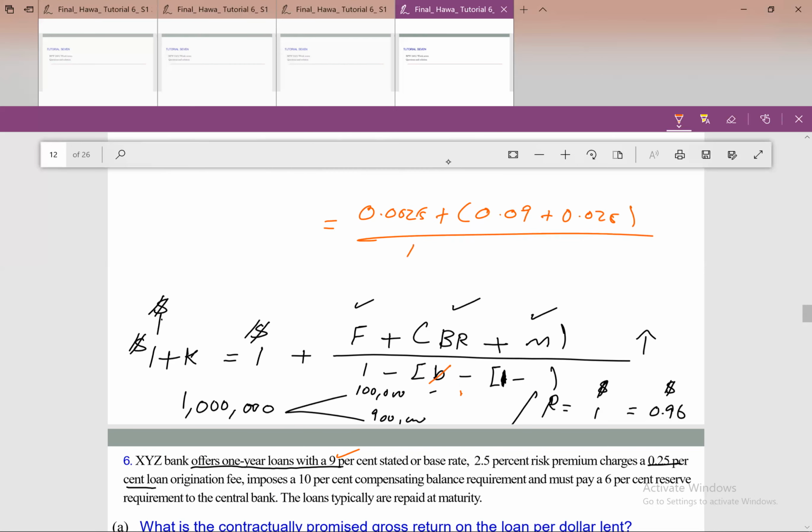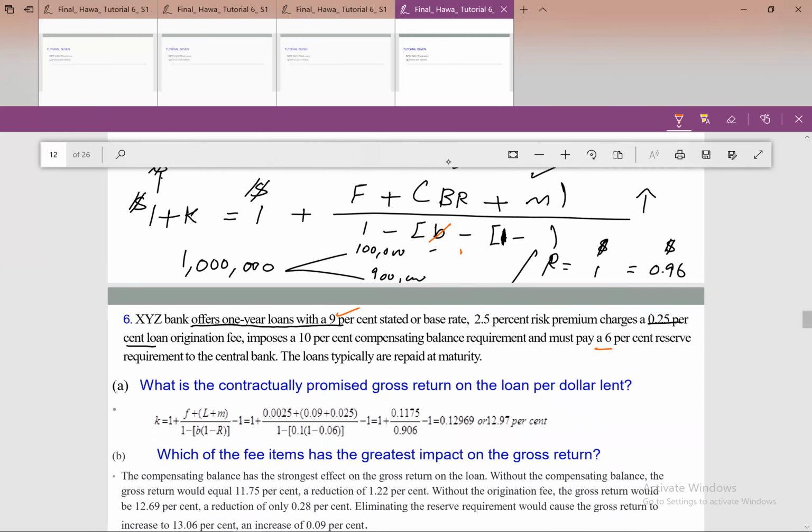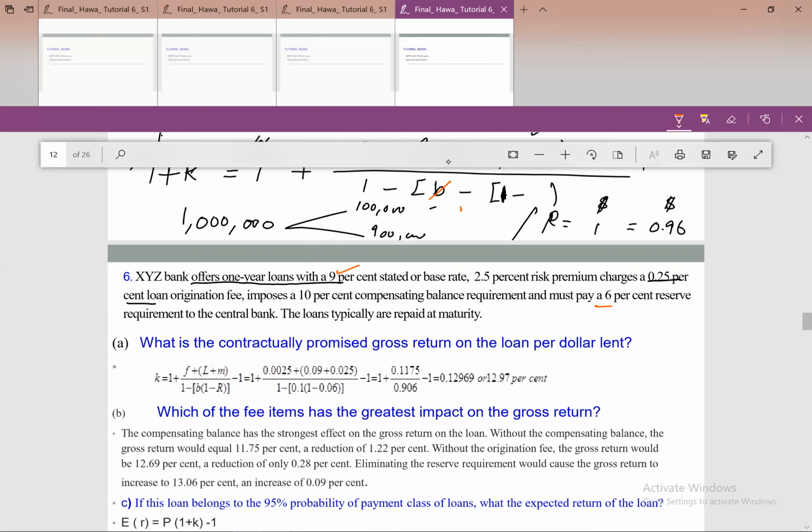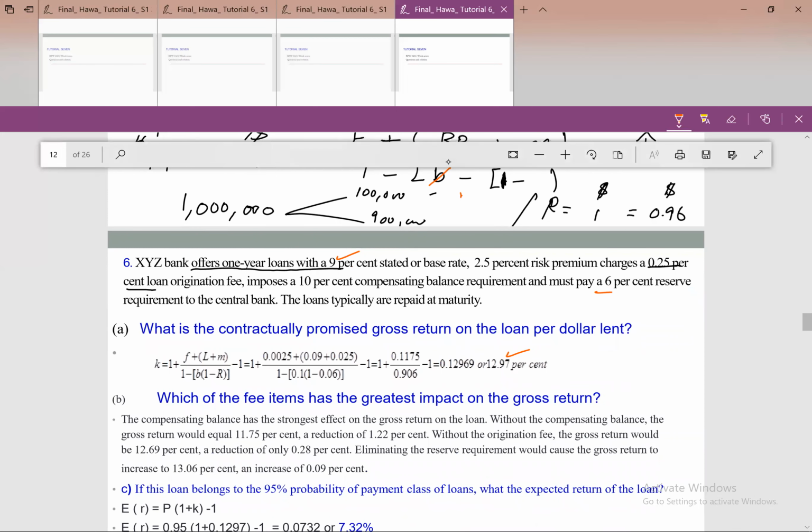Compensation rate is 1 minus 10%. And this is 6%. And the reserve is, and you can calculate this, and if you calculate it, it will become 97%. As you can see, we calculated it to be 12.97. We have no problem with that, and everything is fine.